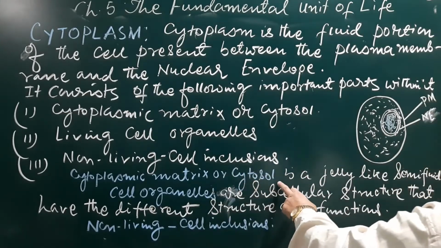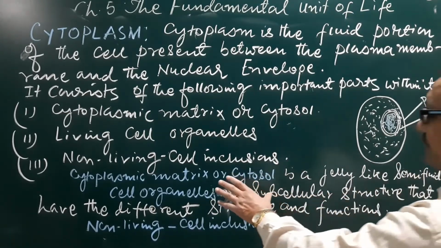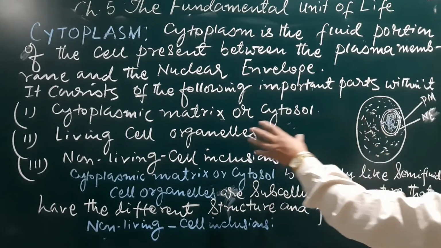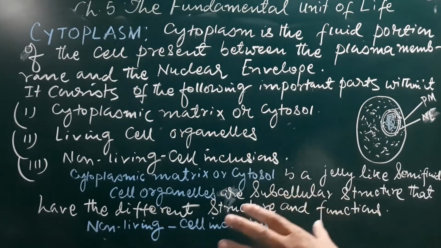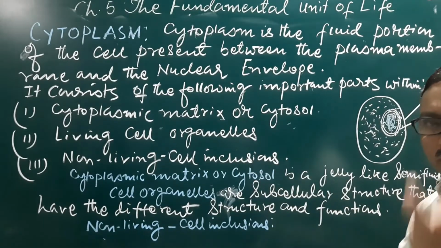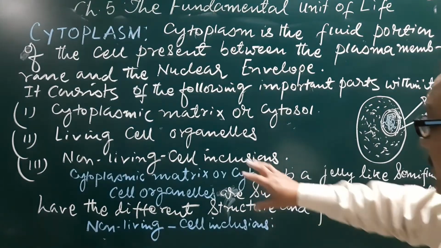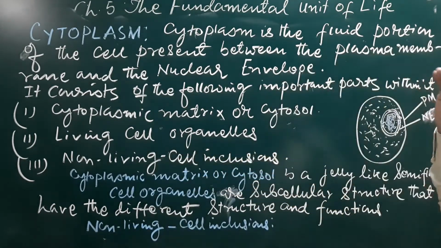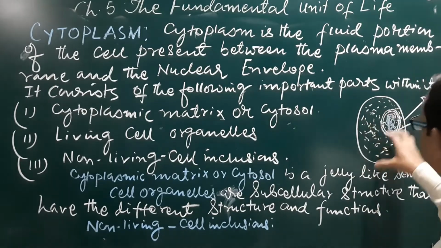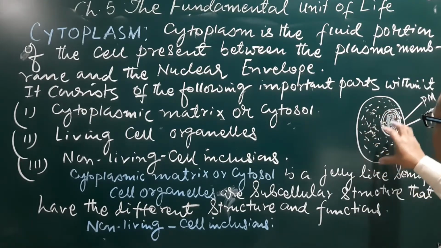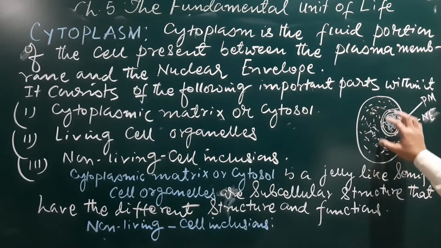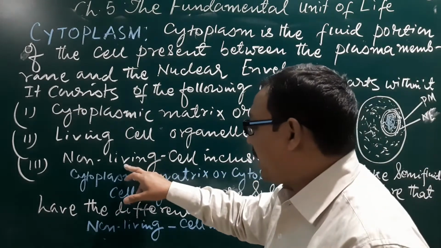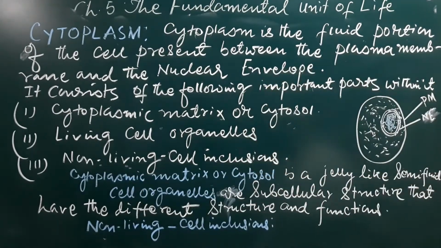The cytoplasmic matrix or cytosol is a jelly-like semi-fluid within which there is the presence of living cell organelles like mitochondria, ribosomes, Golgi complex, lysosomes, plastids, etc. All these living cell organelles having different structures and functions are embedded, are present, are floating within this cytoplasmic matrix or cytosol. And there is also the presence of non-living substances, known as cell inclusions, within this cytoplasm.